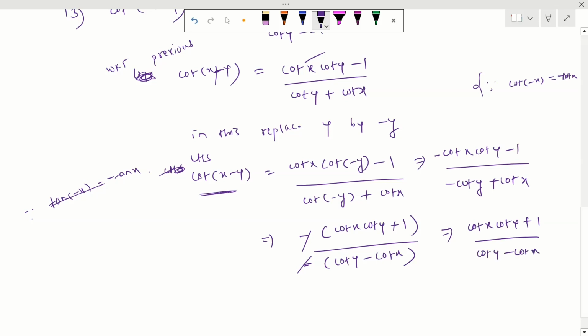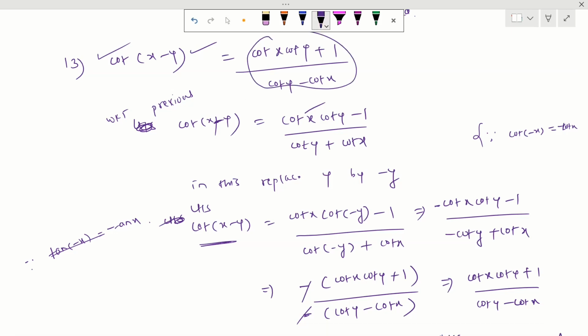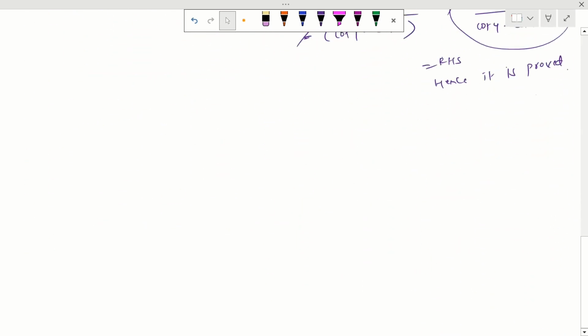Hence it is proved. This is equal to RHS. This equation is the same as that equation, so equation 13 is proved.